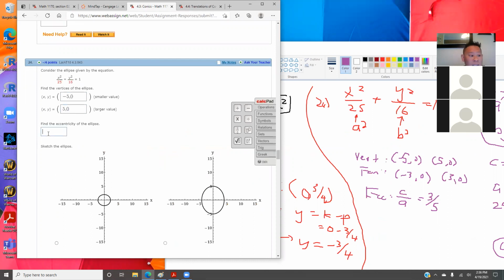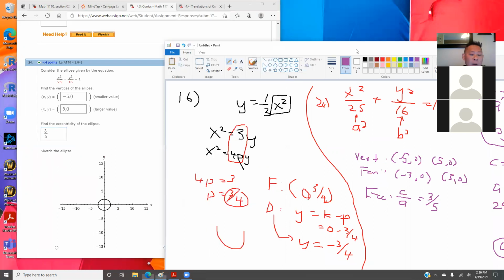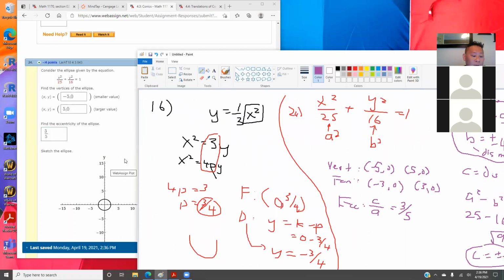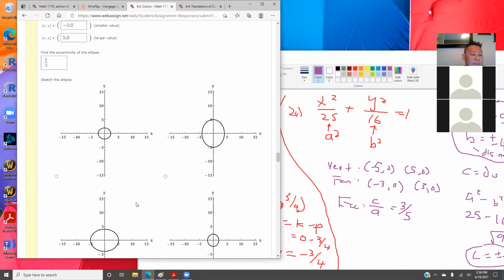The eccentricity in this case is 3/5. The formula is always c over a. So the graph will look something like this, where 5 units is on the side and 4 is up and down. So this is the graph for the ellipses.